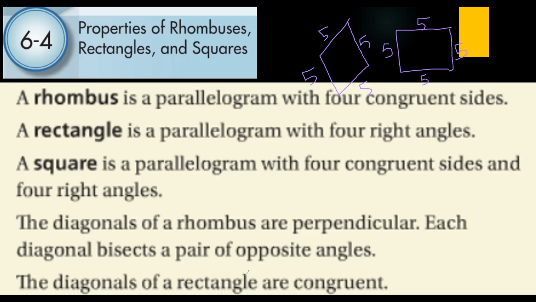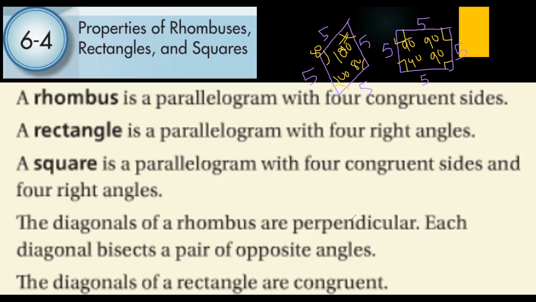But the difference between them is that the measure of each angle in the square must be 90, and each angle of the rhombus couldn't be 90. It could be any two angles, like 100, 100, 80, and 80. So this is now the difference between the rhombus and the square.